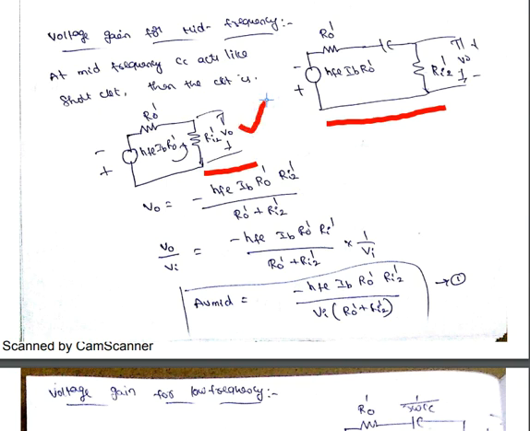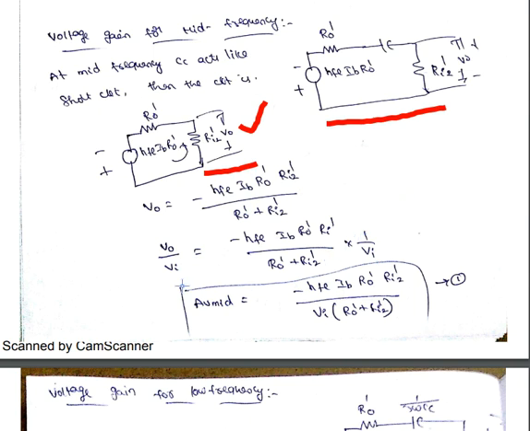According to the voltage division rule, V0 is equal to the total applied voltage source, that is minus hfe Ib R0 dash, across RI2 dash, divided by R0 dash plus RI2 dash. So V0 by Vi is equal to minus hfe Ib R0 dash RI2 dash by R0 dash plus RI2 dash.